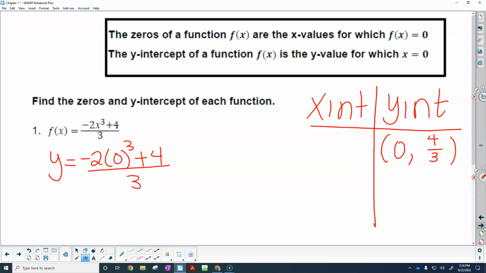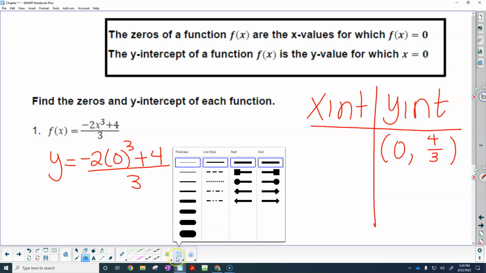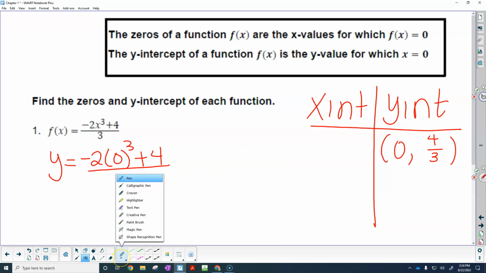Now, let's focus on the x-intercept. Guys, for the x-intercept, you always have to solve. You always have to factor for right now in this unit. I'm sorry, guys.